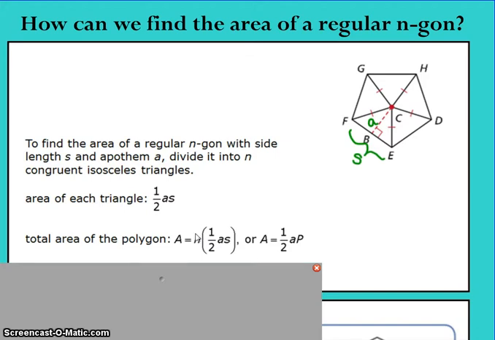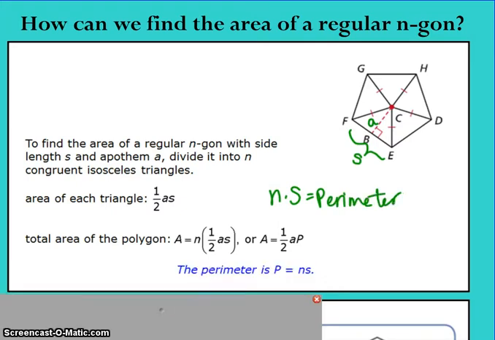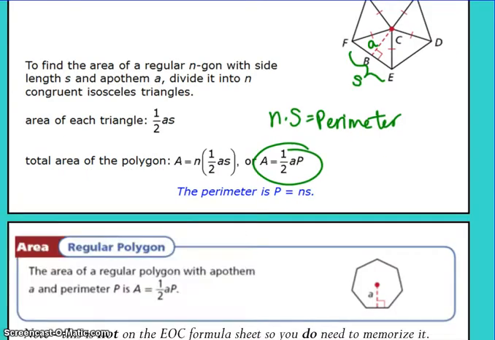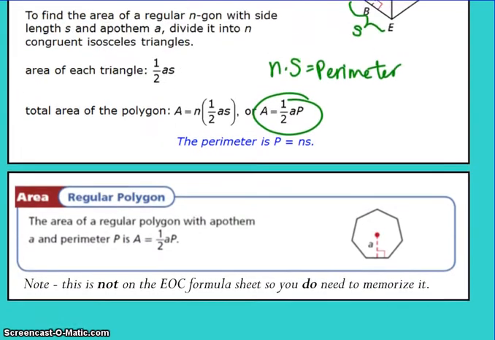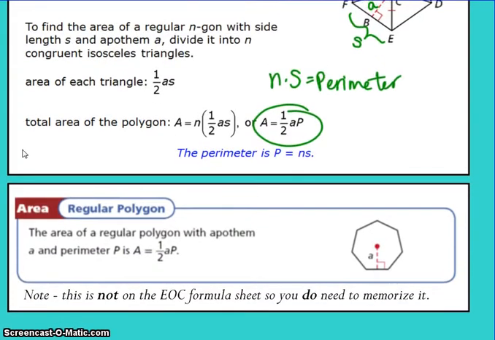So all I did here was multiply n times s, and that gave us the perimeter. So the area of the polygon is 1/2 the apothem times the perimeter. If we take a look down here, this is the formula again for a regular polygon. It's not on your formula sheet, so you actually do need to memorize this or remember how we came up with this formula. So let's go ahead and do an example real quick.